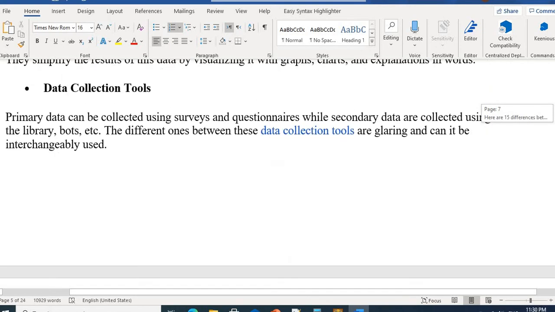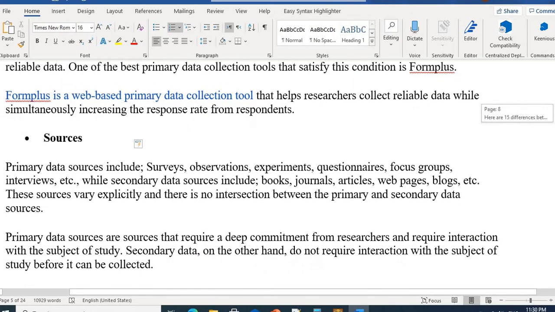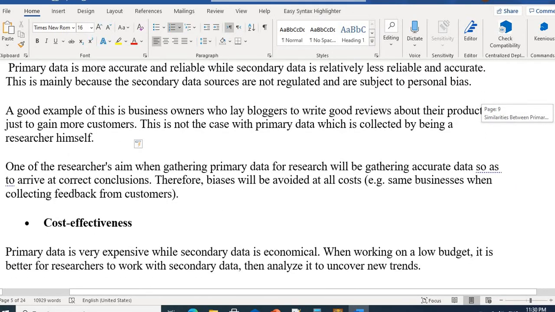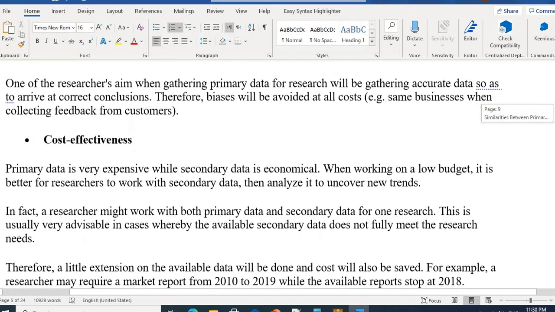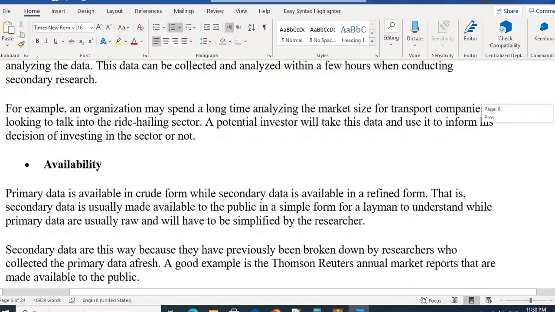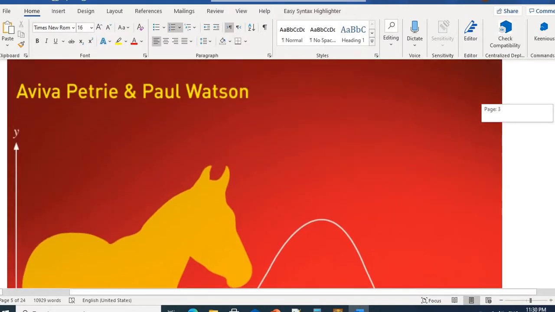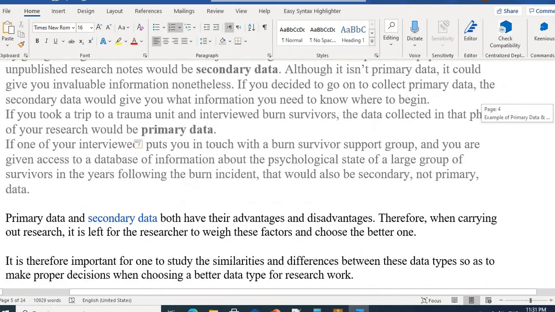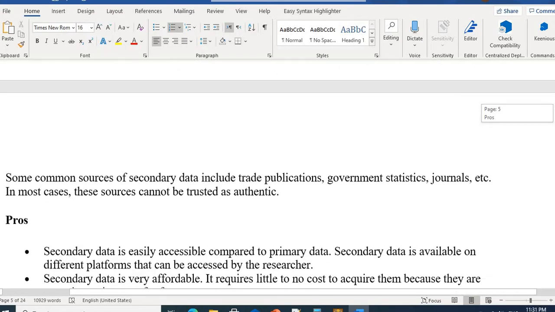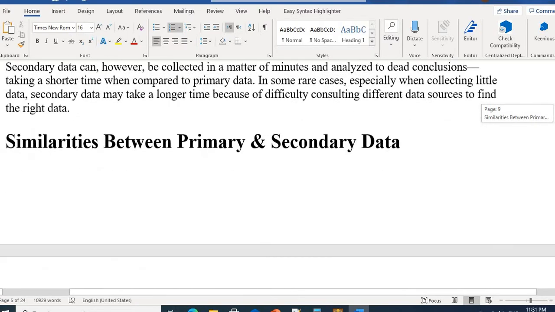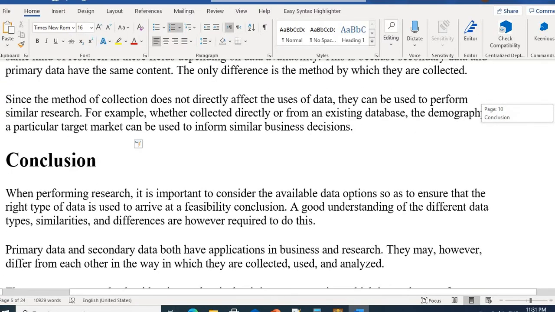I also took some text from the book which I have recommended to you, which is related to your field, especially that one, the book Statistics for Veterinary and Animal Sciences, so that you can get a proper understanding of the importance of statistics in your own field.